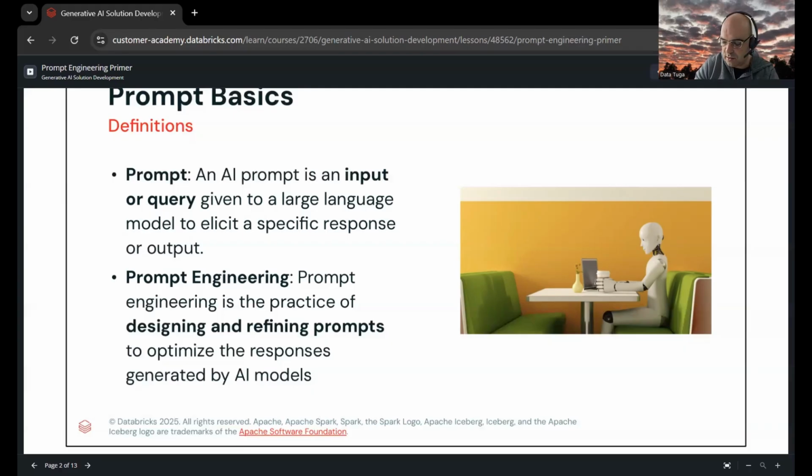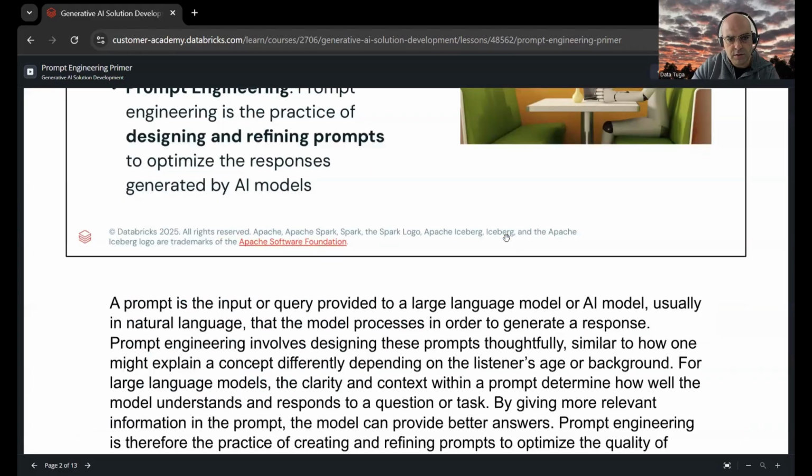And prompt engineering is the way we design and refine prompts.